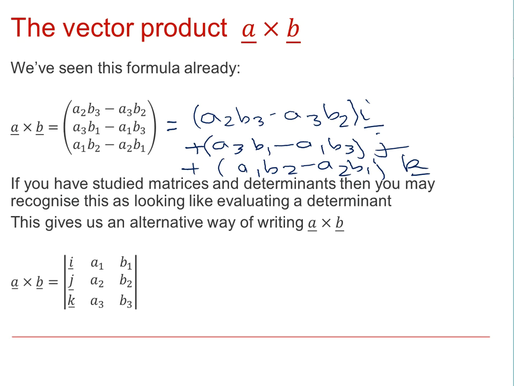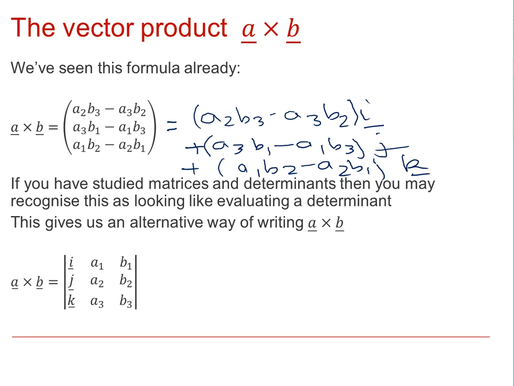If you've studied matrices and determinants, then you may recognise this as looking like evaluating a determinant for a 3x3 matrix. This gives us an alternative way of writing A cross B. So, we can also write A cross B as the determinant of a 3x3 matrix: i, j, k; A1, A2, A3; B1, B2, B3.